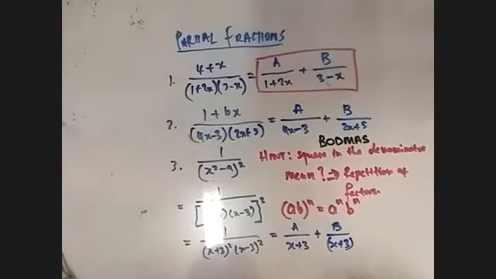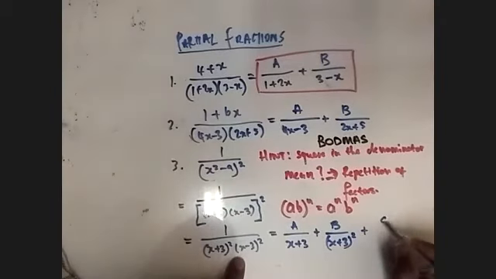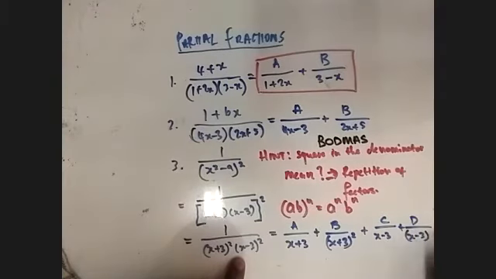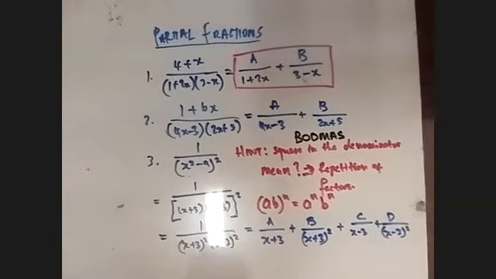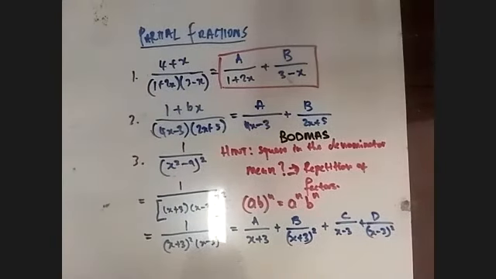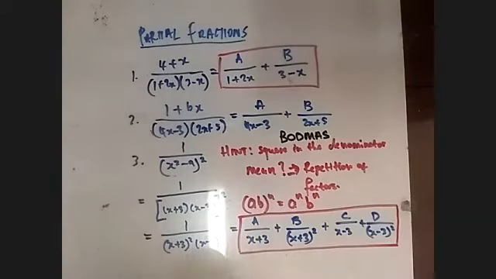I said to you, once we have another term, we need to multiply it by itself. The same applies to this one: we're going to have c over x minus 3 and d over x minus 3 squared. So this becomes your final answer. This is the repetition of linear factors.